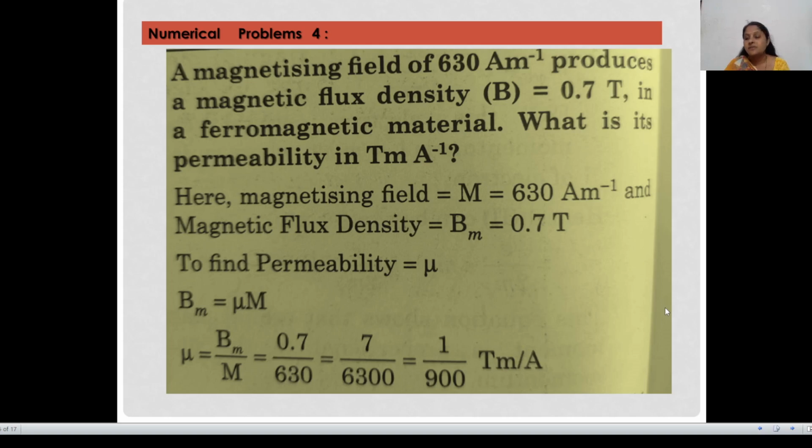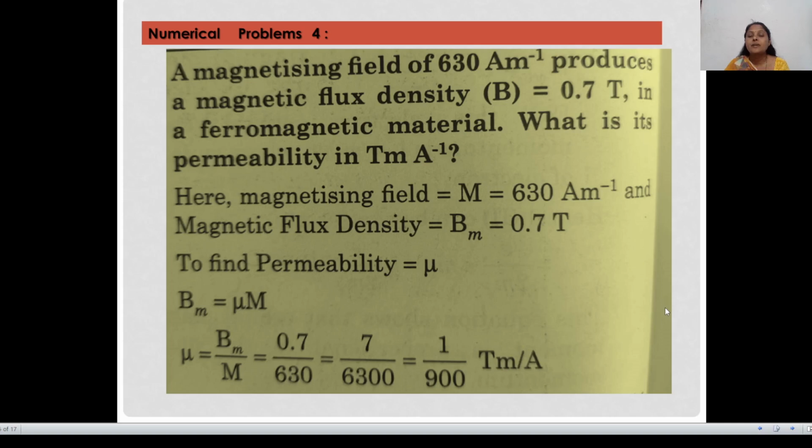Here, given the data: magnetizing field H is equal to 630 ampere per meter and magnetic flux density B is equal to 0.7 tesla, and we have to find the value of mu, that means permeability.